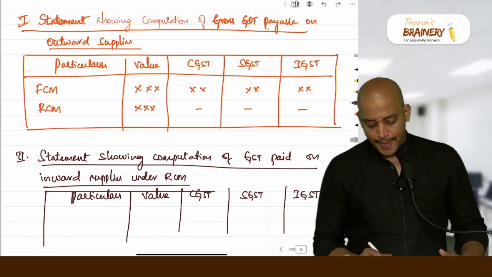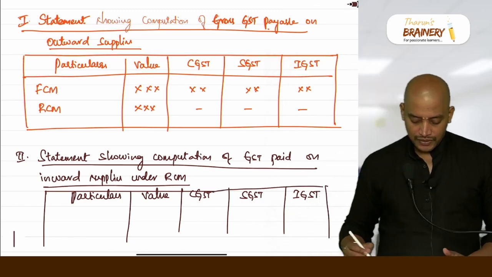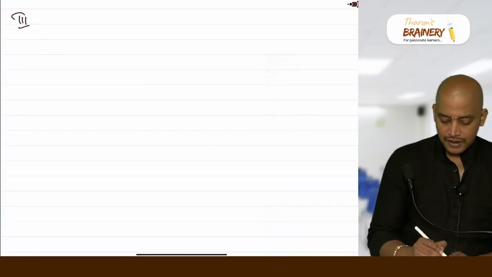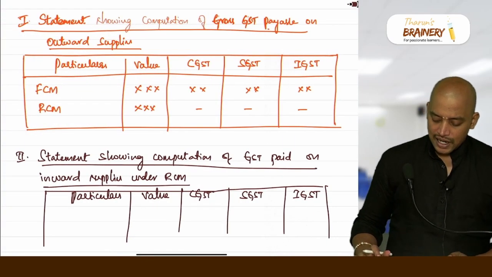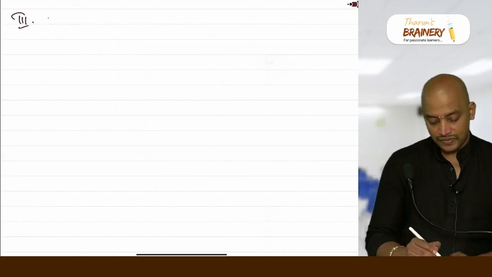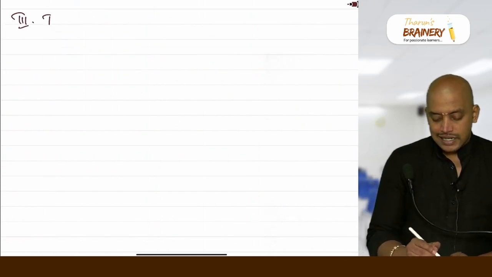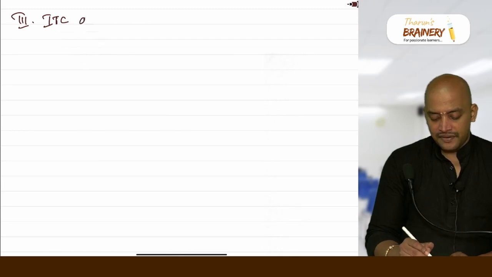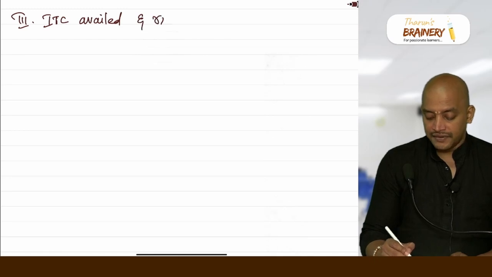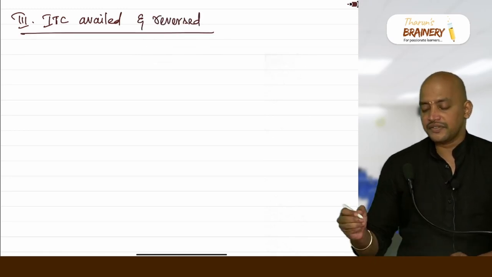Done. Next, third is computation of input tax credit, ITC availed and reversed.